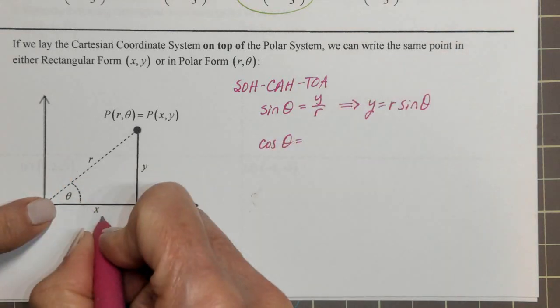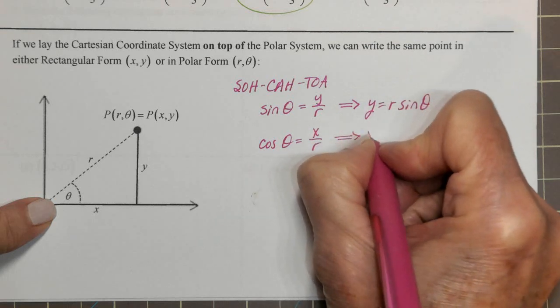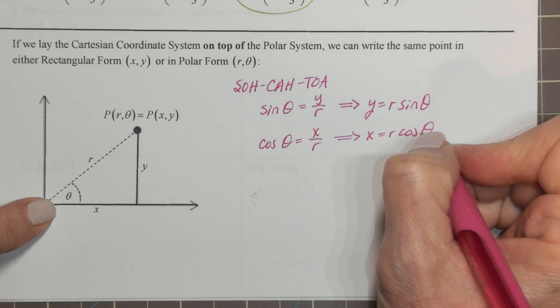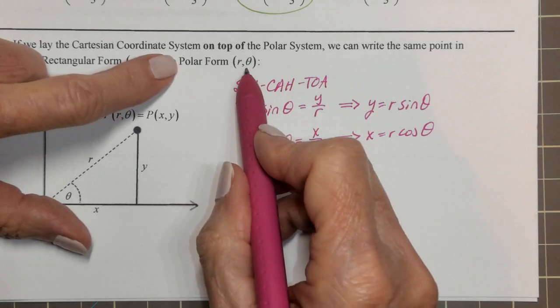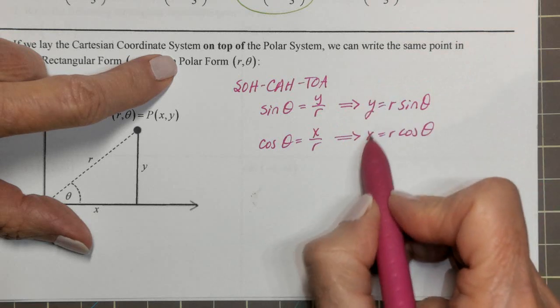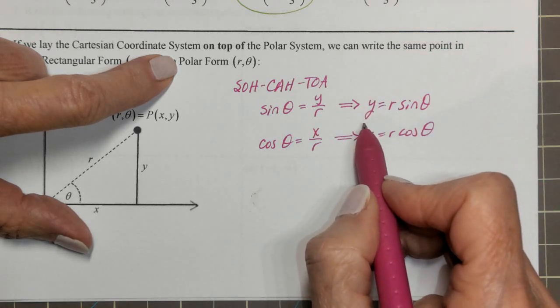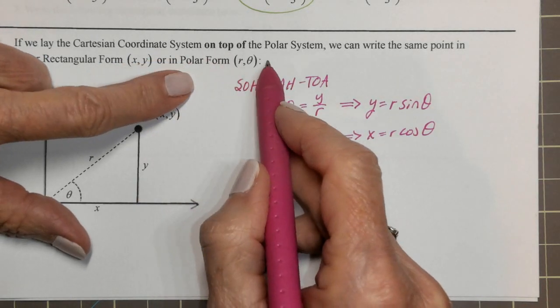Cosine of theta is adjacent over hypotenuse, x over r, which means that x is r cosine theta. Using these, if we're given a point in polar form, we can get the x and the y coordinate. Now we need a way, if we're given the point in rectangular form, how to get the r and the theta.